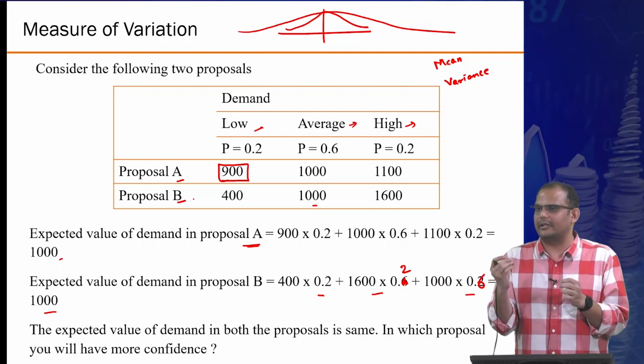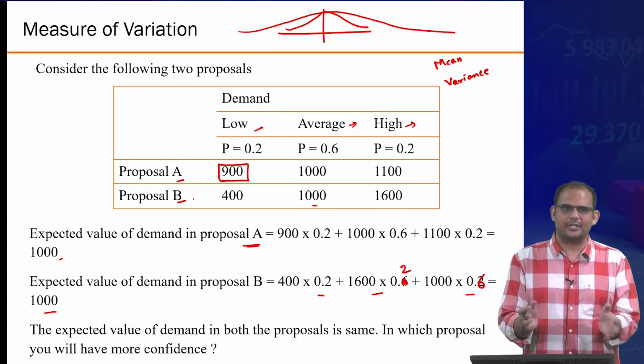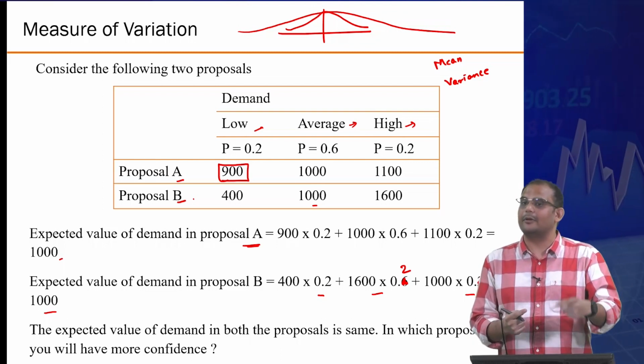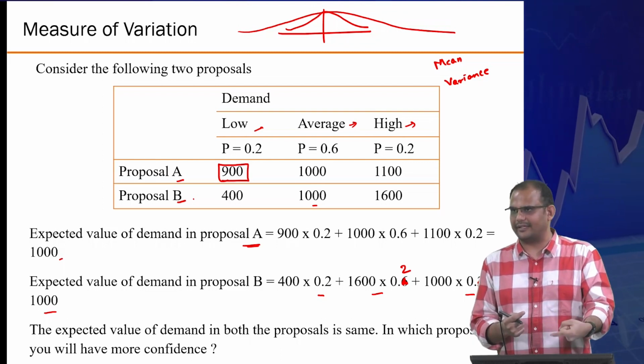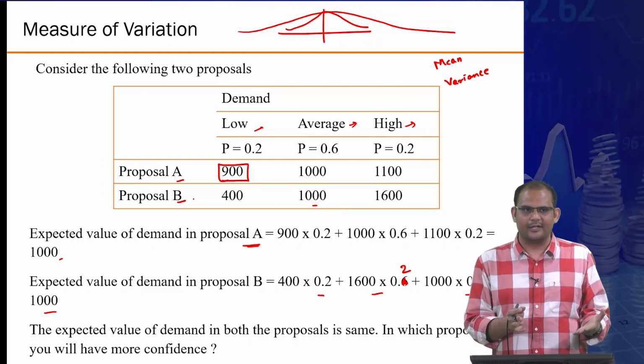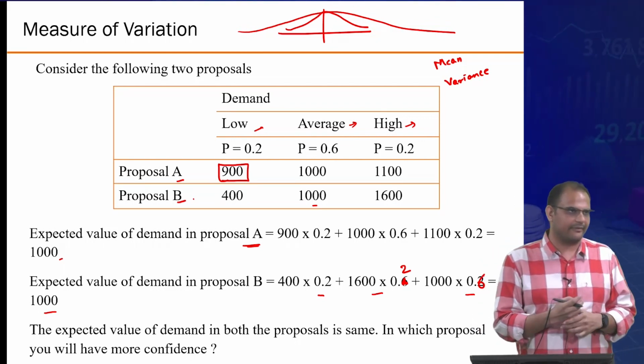I cannot have a good value that I can rely on, and therefore this whole proposal is not good for me. Again, as an investor, you need to decide whether you like the variation or you don't like the variation. There is no absolute about the variation being good or bad. It's on you whether you like to play with the variation or whether you don't.